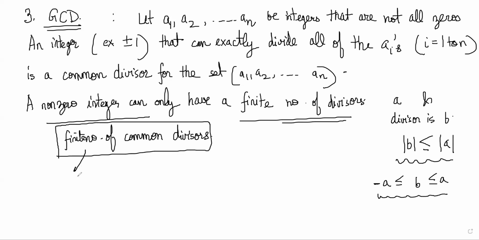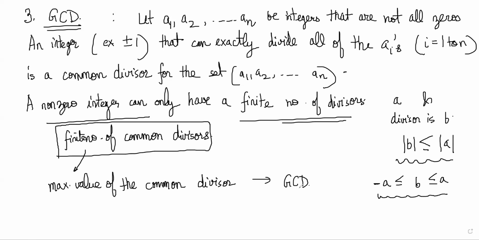So we can find from here the maximum value of the common divisor, right? That number is known as your GCD. The largest common divisor is known as the GCD. So the notation for GCD, usually we write GCD of these numbers by putting them in a bracket and separating the numbers by commas. So this is the symbol for GCD of A1, A2 till AN, right?